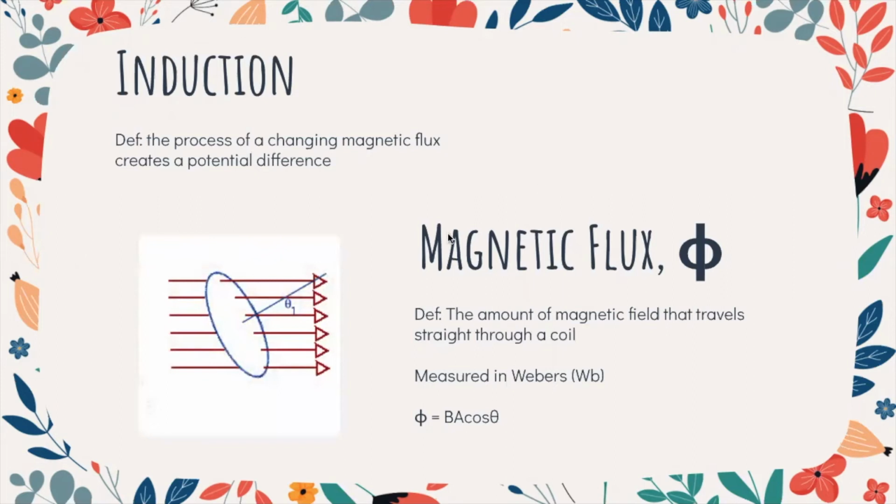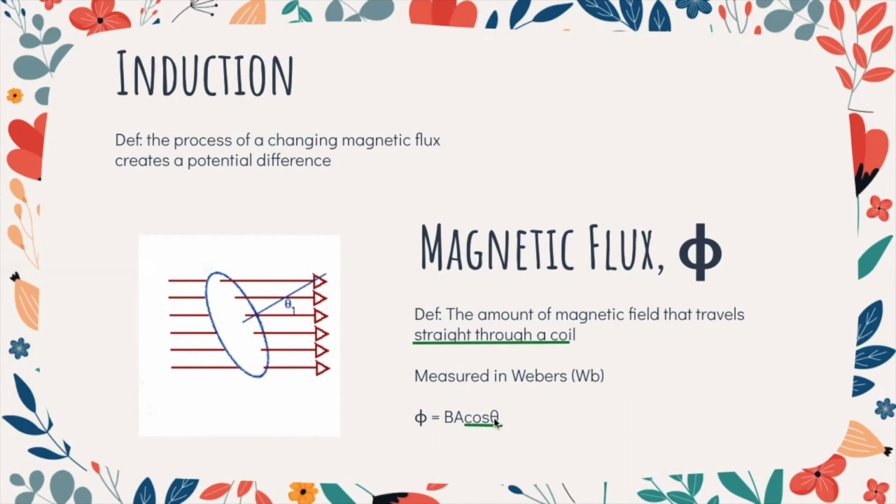The straight-through-a-coil wording is the wording having to do with this angle. Think of it as if I keep turning this coil, there will eventually be a time where it's so flat parallel to the field that none of the field lines go through the loop. So when we calculate it, feel free to ignore the angle for calculations, but know that it's there.